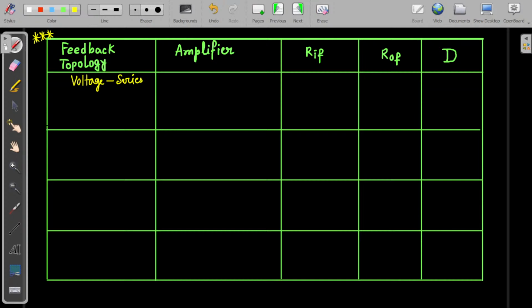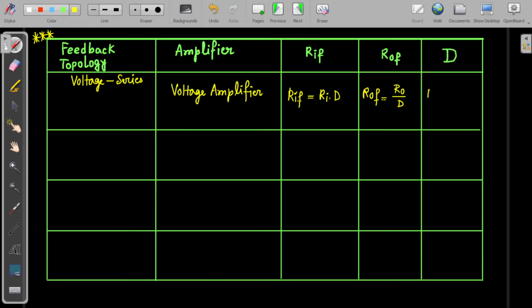सो वोल्टेज सीरीज टोपोलॉजी वाले केस में आपका जो एम्पलीफायर हुआ था वो एम्पलीफायर वाज द वोल्टेज एम्पलीफायर. In that voltage amplifier, the overall input impedance after the feedback was RIF, and RIF was equal to RI into D, and the output impedance after feedback ROF is equal to R0 divided by D. What is D?